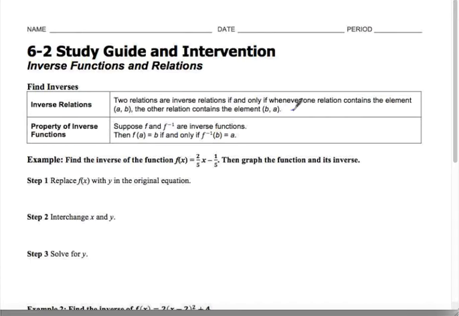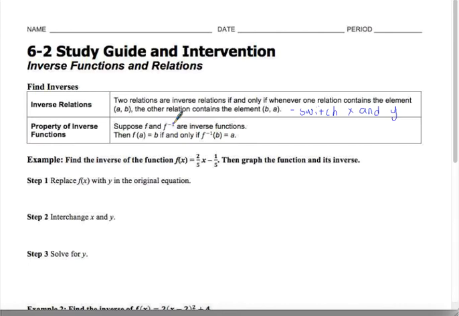But all we do is switch x and y. So if f and f inverse, f to the negative 1, are inverse functions, then f of a is equal to b if and only if f inverse of b is equal to a.